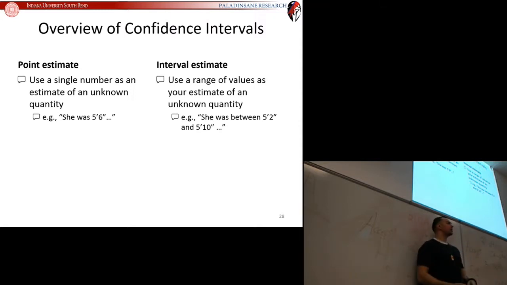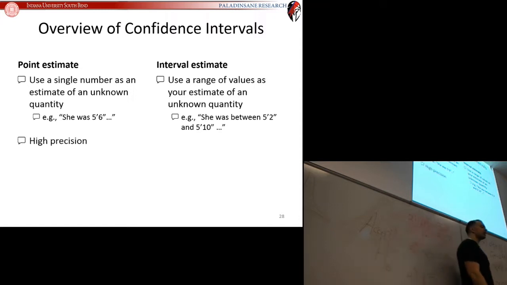Now, point estimates and interval estimates have pros and cons, and they're completely reversed. What point estimates are good at is very high precision. It tells you exactly what the estimate is. It's 5'6", not somewhere in a range. It's not a low-precision, fuzzy sort of estimate.